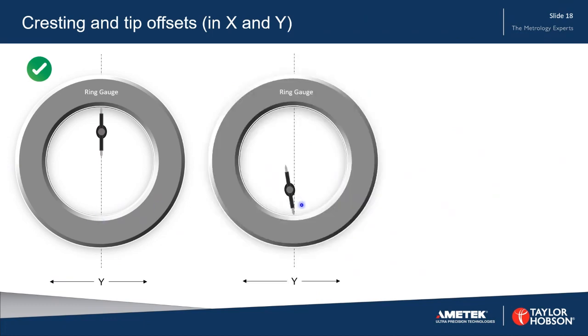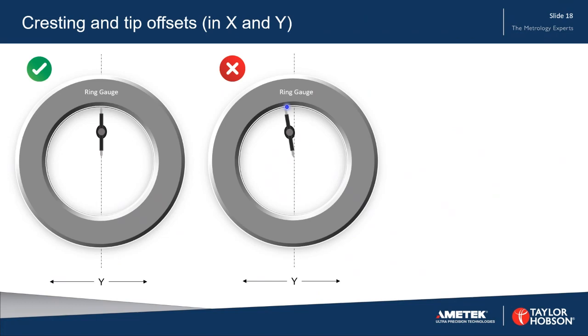In this case, we've deliberately shown an error in the Y direction. This is in the Y direction, so we're looking into the traverse unit. And we've deliberately shown an error here in the Y direction, and this is the tip offset in Y. And if we measure correctly at the base here, if we crest and find this point, and then we measure at the top just by moving straight to the top, we will be some way out from the crest, and that of course will cause a diameter measurement error.